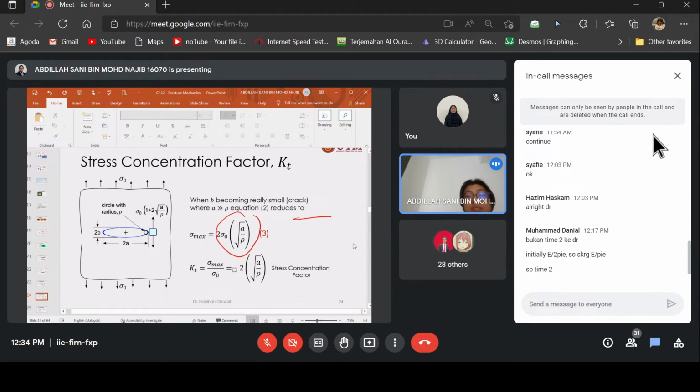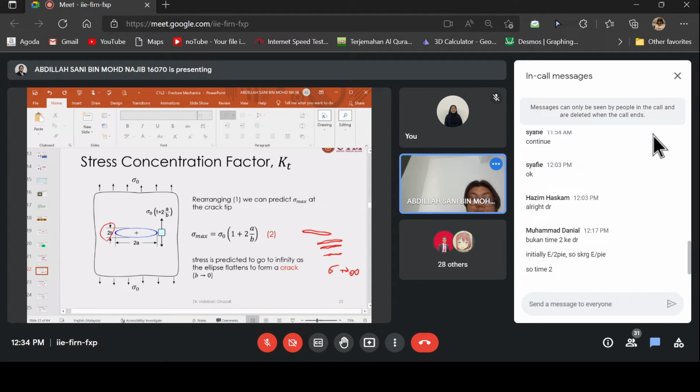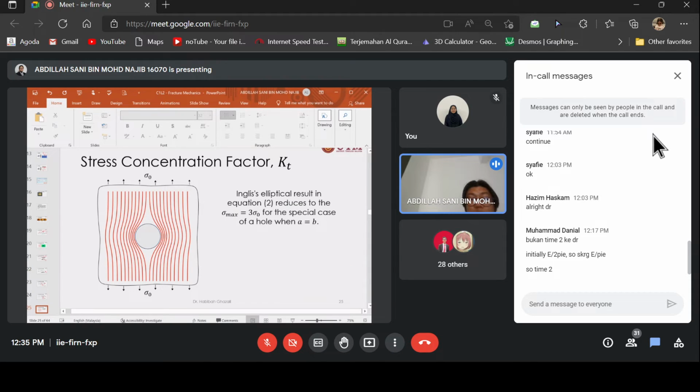The first one looks more complicated, and now it looks like this, which is also complicated. The elliptical result in equation 2 reduces to sigma max equal to 3 sigma naught for the special case of a hole where a equals b.